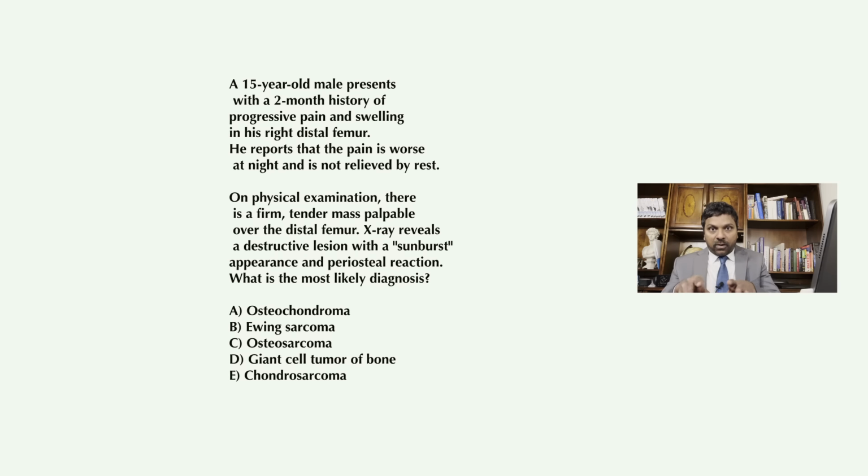In osteosarcoma, it is coming in the metaphysis. In Ewing sarcoma, it is coming in the diaphysis. In giant cell tumor of bone, it is coming in the epiphysis. So based on that particular region also, you can think of the diagnosis.